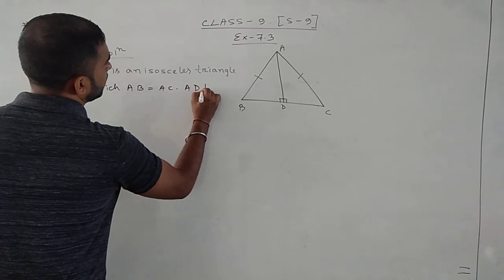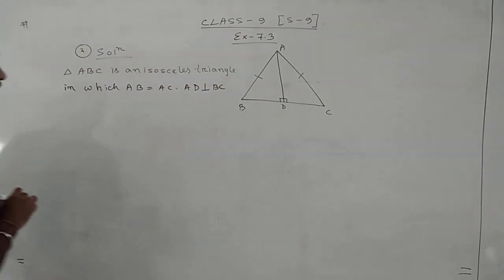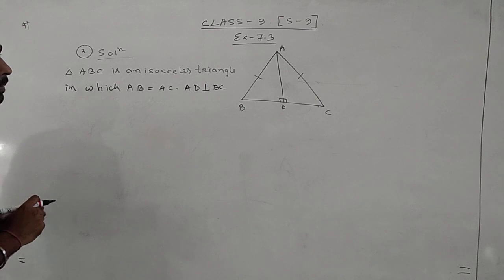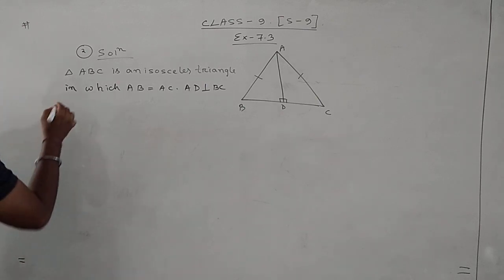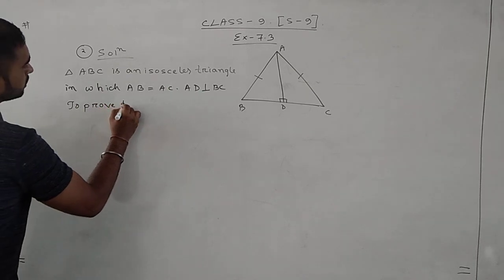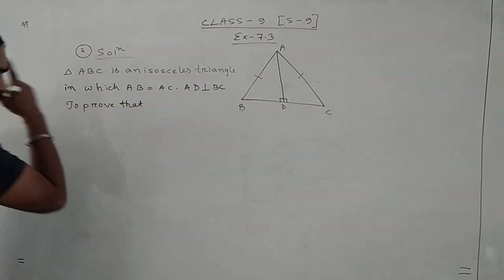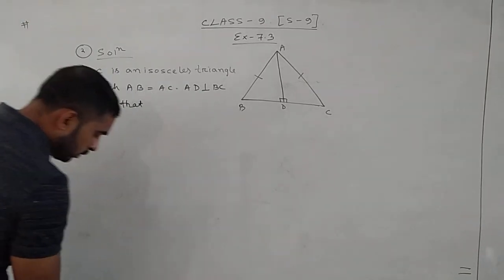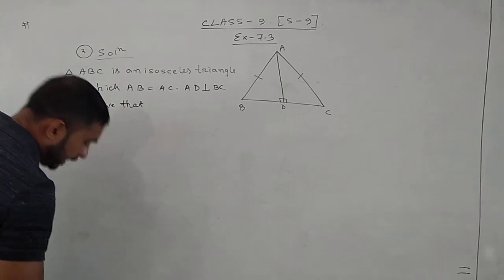AD perpendicular BC. Altitude means perpendicular. So AD perpendicular BC. To prove that, what is the question? To prove that AD bisects BC.